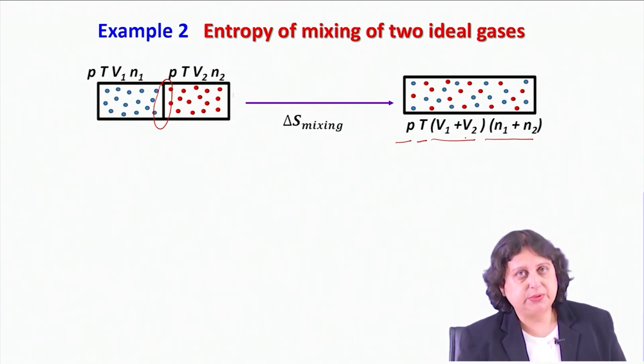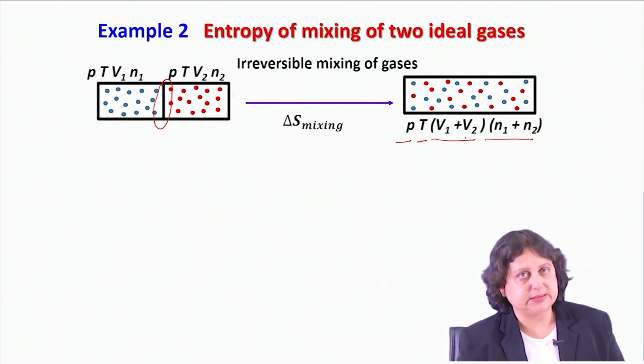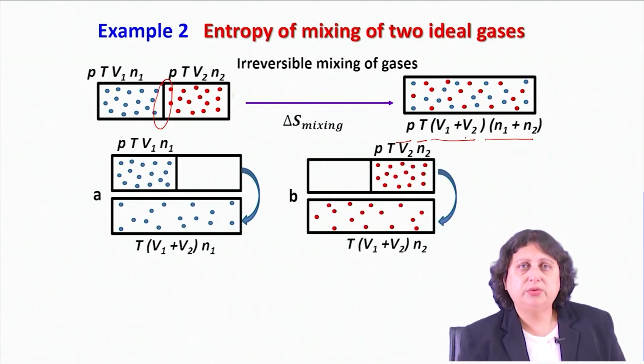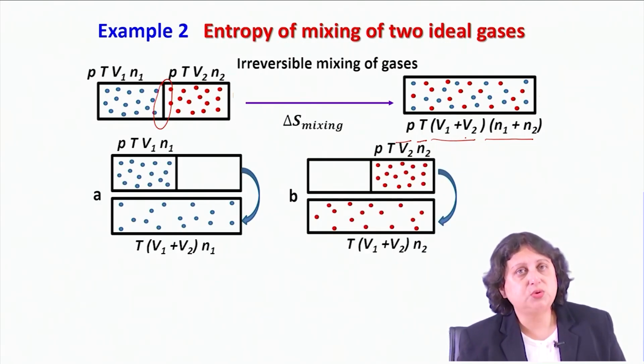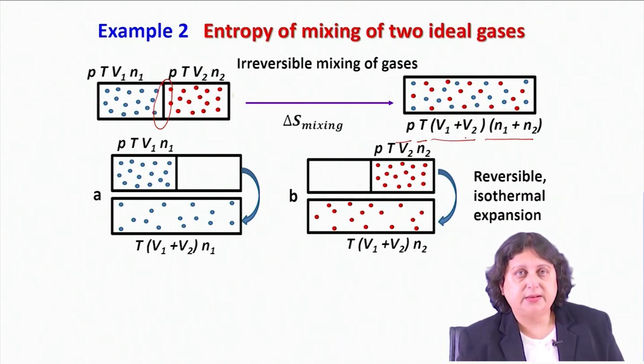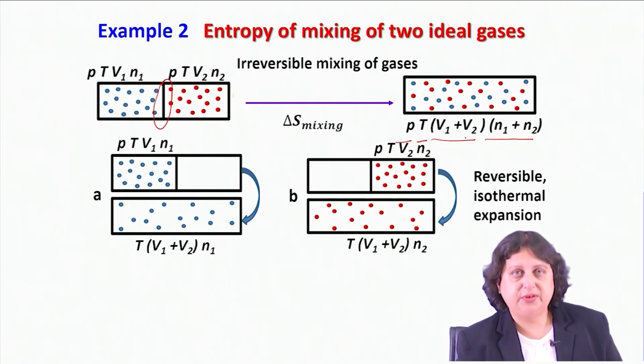This is a mixing process and I ask the question: how to find out the delta S for a process like this. In order to do this, I will devise two thought experiments where I will take each type of gas and allow it to expand isothermally from a volume V1 to a volume V1 plus V2.